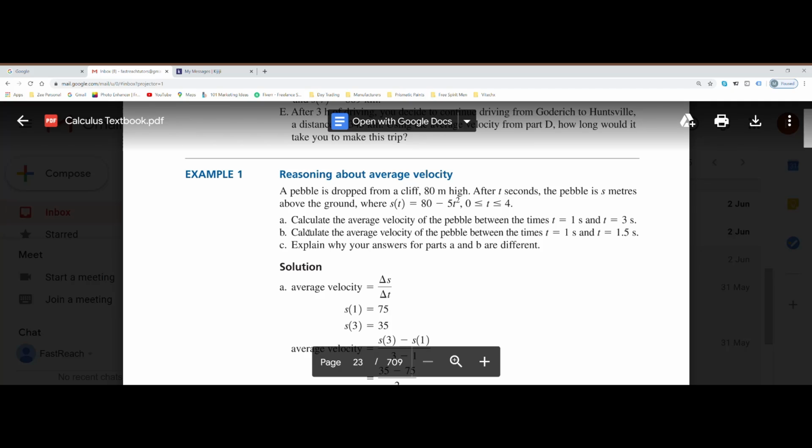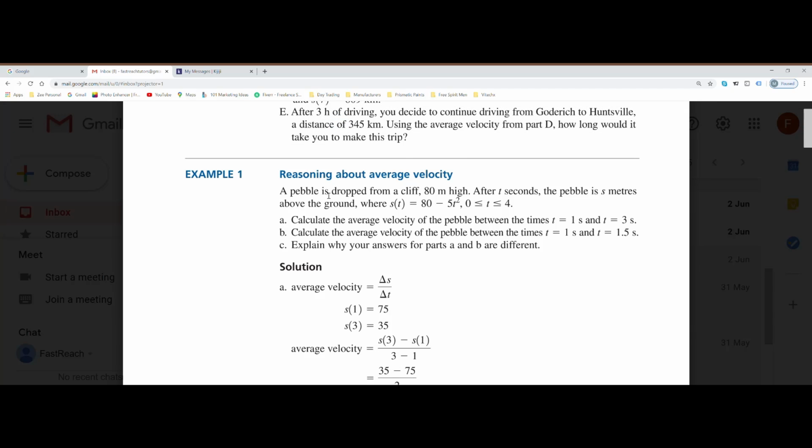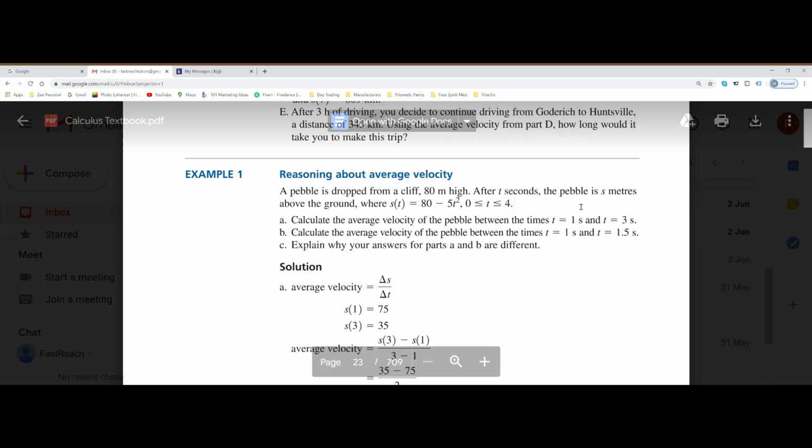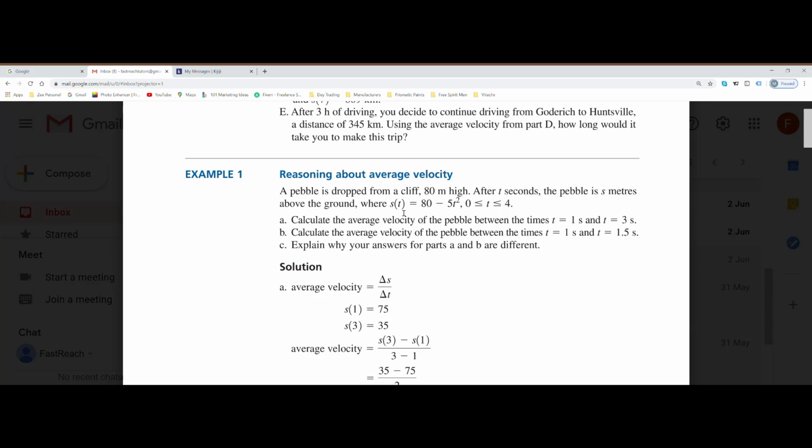So we'll look at an example where we have to do average velocity. Here a pebble is dropped from a cliff 80 meters high. After t seconds, the pebble is s meters above the ground, where s of t is equal to 80 minus 5t squared, where 0 is less than or equal to t and t is less than or equal to 4.